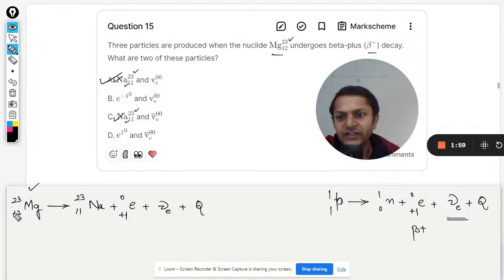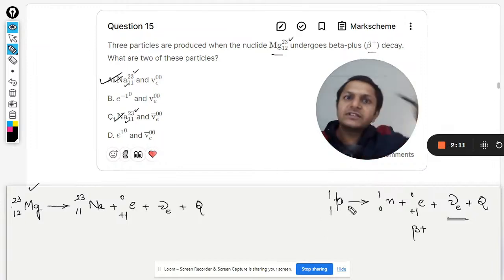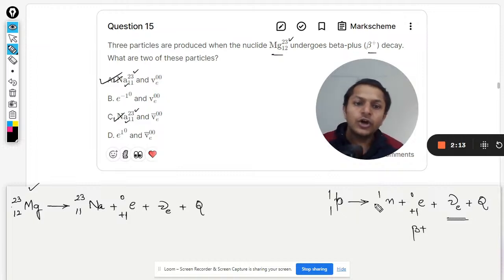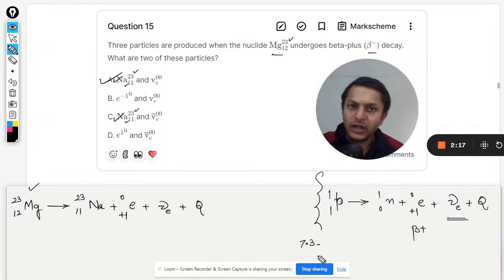So on the surface, it looks like magnesium is converting itself into sodium. If this reaction is given, students are not able to see through the question that actually a proton is getting converted into a neutron. We will be learning in 7.3, in a coming topic, that in these kinds of nuclear reactions, charge is always conserved and mass is always conserved.